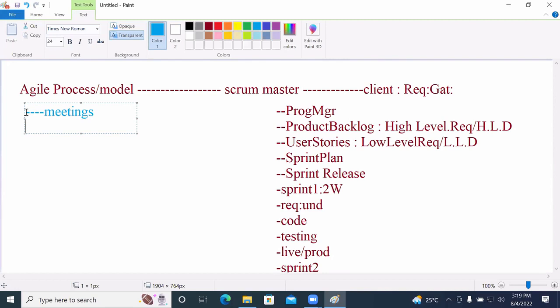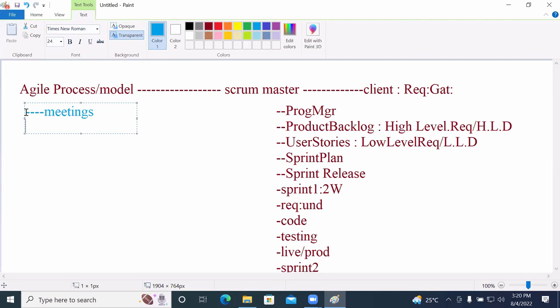What is the first drawback of the V model? Dependency on documentation. While working with the V model, you will have more dependency on documentation. At any cost, the requirement document should be there, documents have to be available.